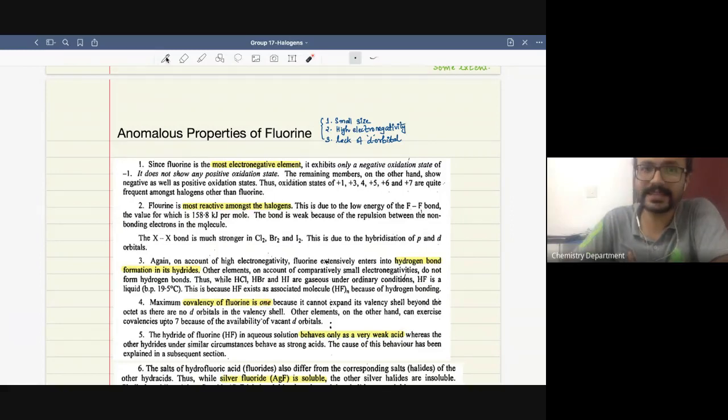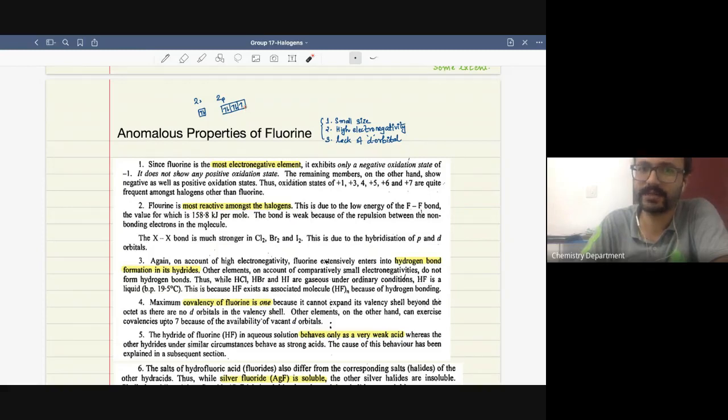That is easily understandable because fluorine is composed of 2s and 2p, right? If I quickly write down the structure, you will find that the electronic configuration looks something like this. In the ground state, fluorine has only one unpaired electron, so it can form a covalent bond with only one atom.